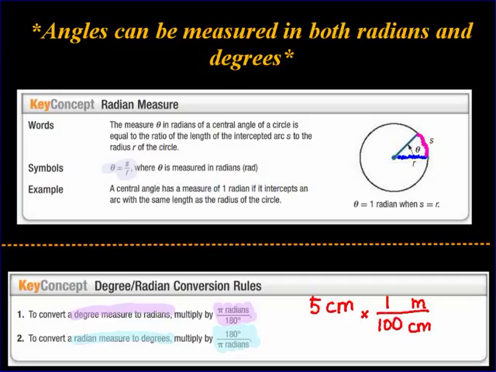And so we're going to go ahead and use that. Notice here the centimeters would cancel off. We're going to use that same idea when we convert from degrees to radians. And so just like 100 centimeters is equivalent to 1 meter, we know that 1 pi is equivalent to 180 degrees. Now when I say it's equivalent to, that means it's the same measure.